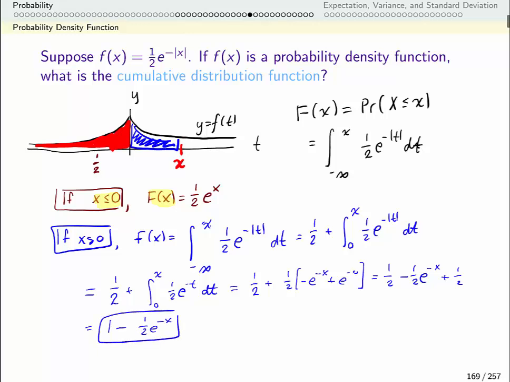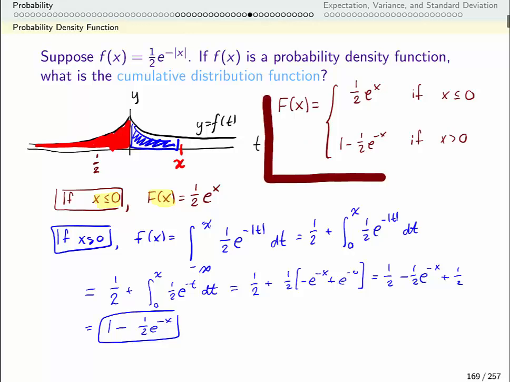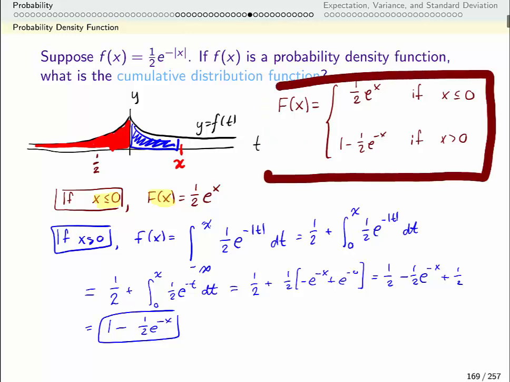So now between these two pieces, I can write down the entire cumulative distribution function. It's going to have to be piecewise. And here it is. Here is my cumulative distribution function.